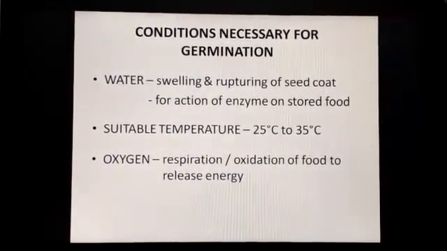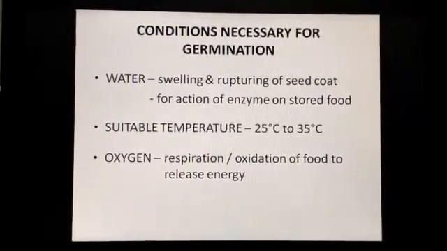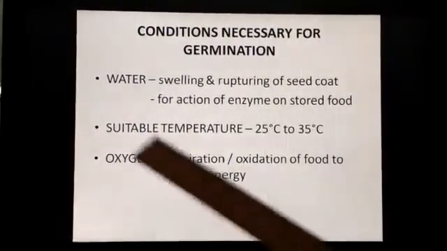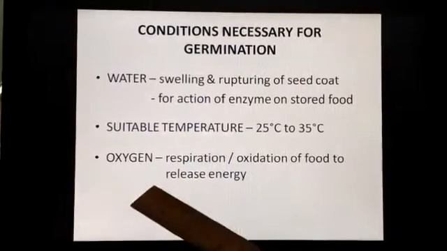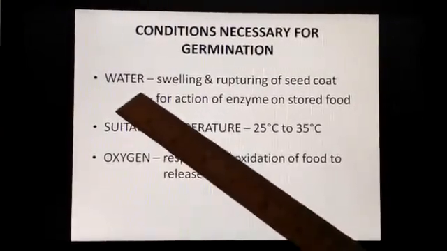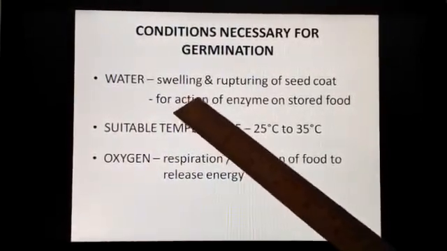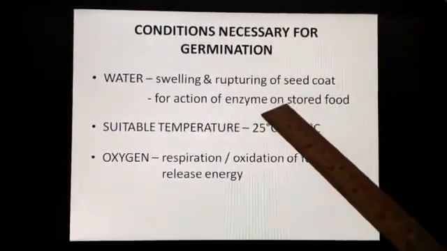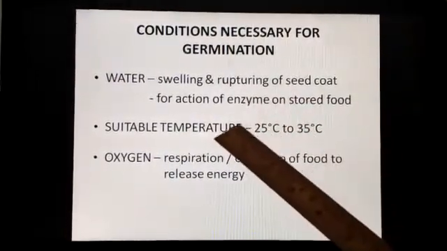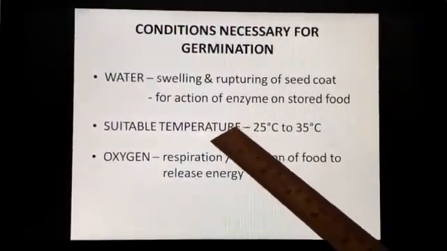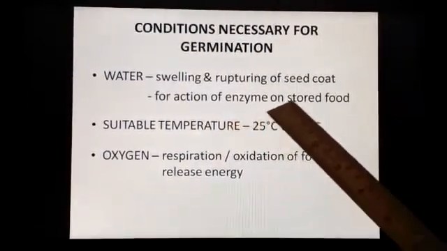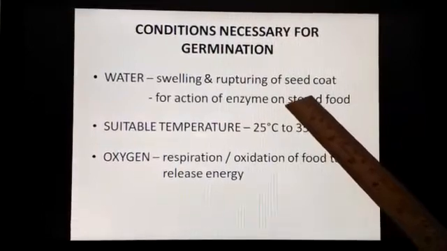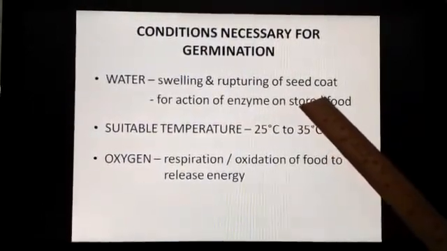There are three conditions necessary for the germination of seeds: water, suitable temperature, and oxygen. Water is required for swelling and rupturing of the seed coat. Through the micropyle, water enters into the seed and they swell. As a result, pressure is exerted on the seed coat and it ruptures.